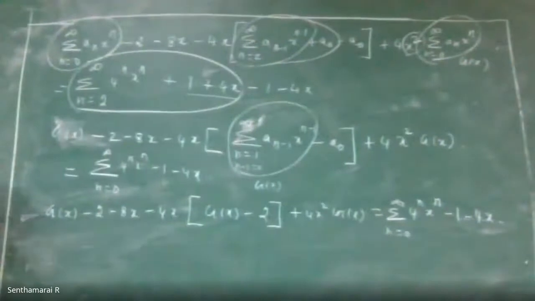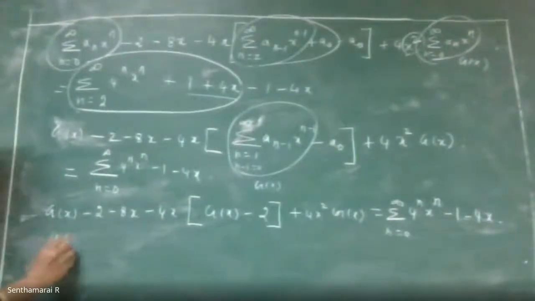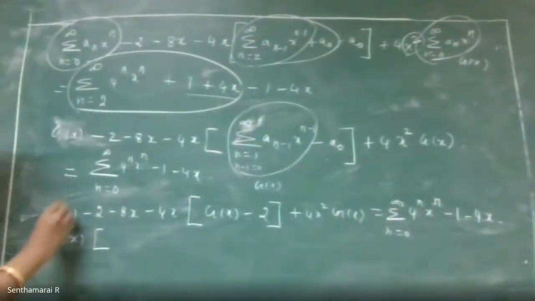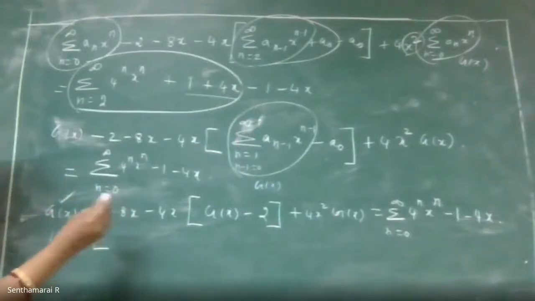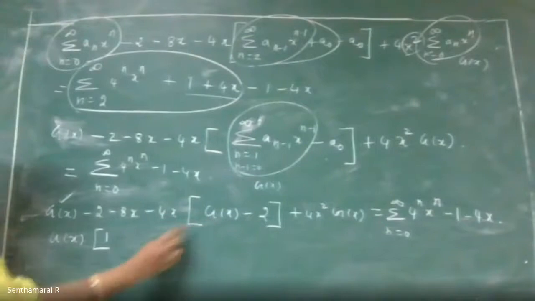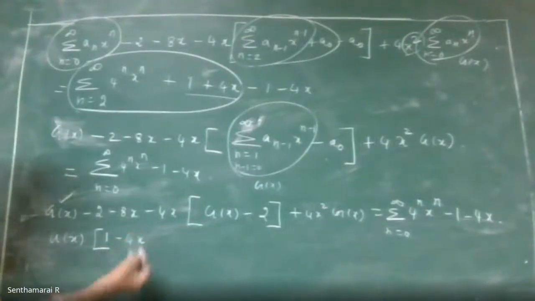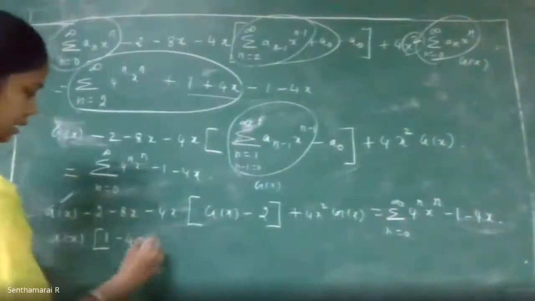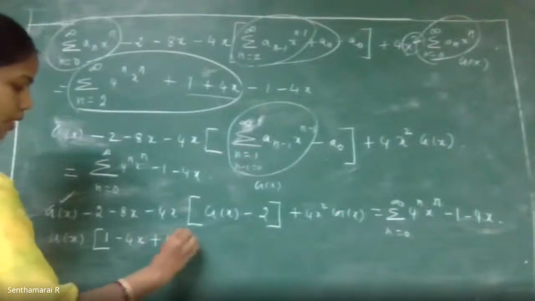Is this clear? Next, I'm going to take g of x outside, wherever all the places I have. In the first term, the coefficient is 1. In the second term, the coefficient is minus 4x. In the third term, plus 4x squared.